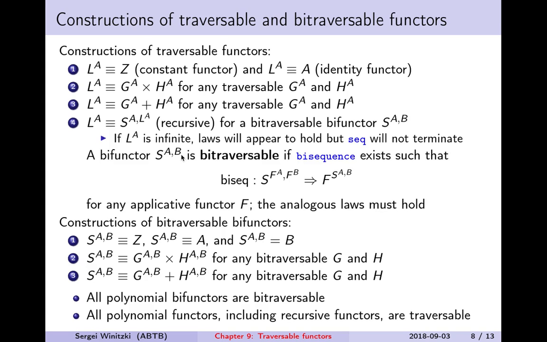And bifunctors are bitraversable in the following sense. They have this natural transformation where we have an f wrapping each of the type parameters of S. And this f can be pulled out by this sequence, bi-sequence, natural transformation.